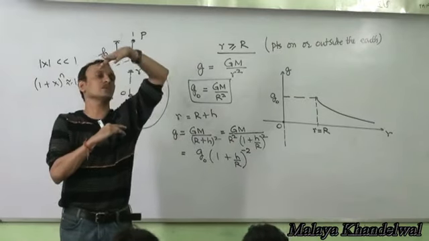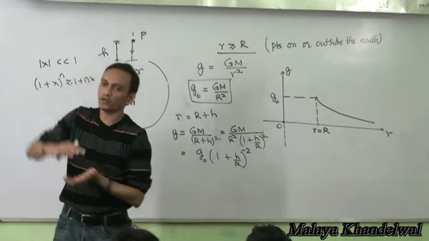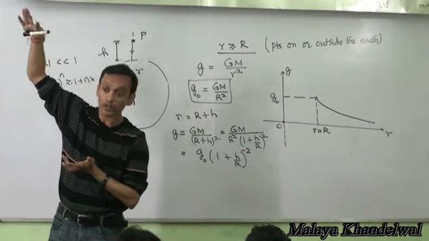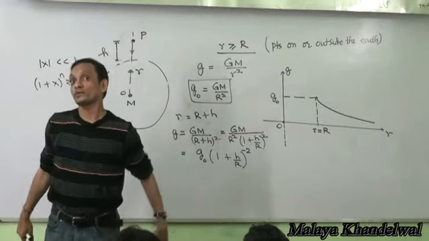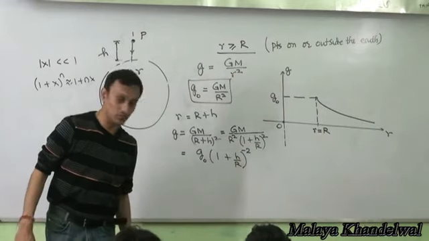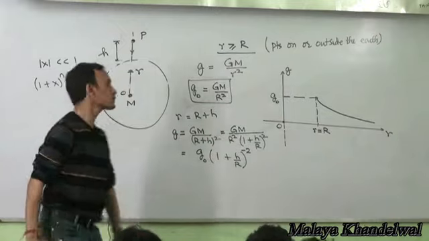I mean, if the radius of the earth is 6,400 kilometers, then 100 meters would be considered small. But 3,000 kilometers will not be considered small, right?